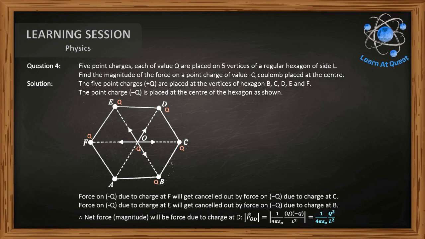Similarly, the force on the charge minus q due to the charge at point E will get cancelled by the force on charge minus q due to the charge at point B, as again both of these forces are equal and opposite in nature.